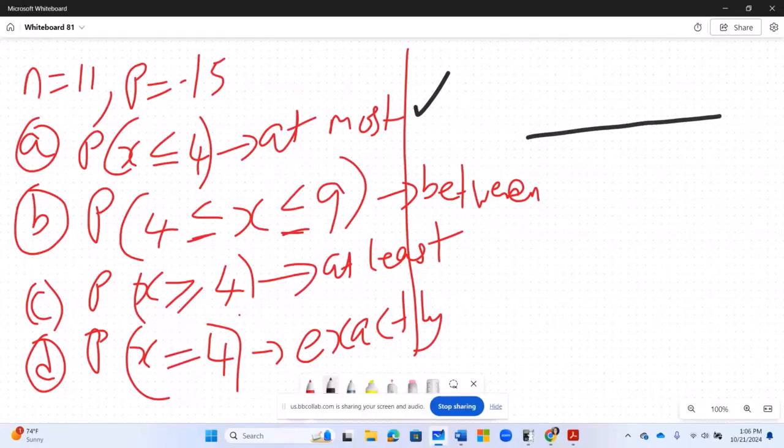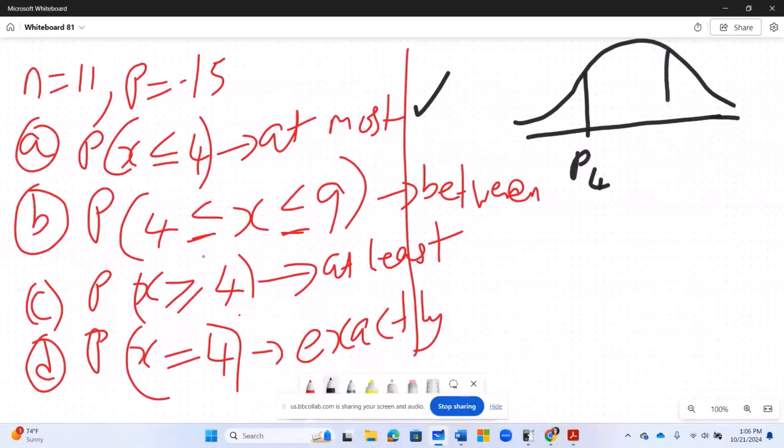On the same diagram, let me draw a curve that looks like a normal curve. From 4, which is P4, to P9, I am going to find the area between.